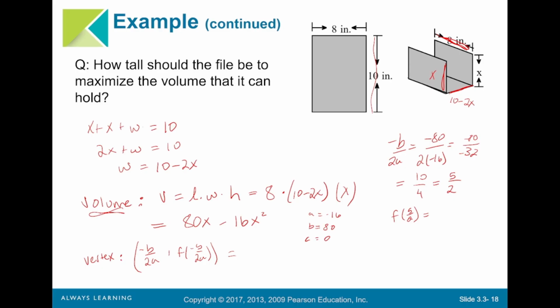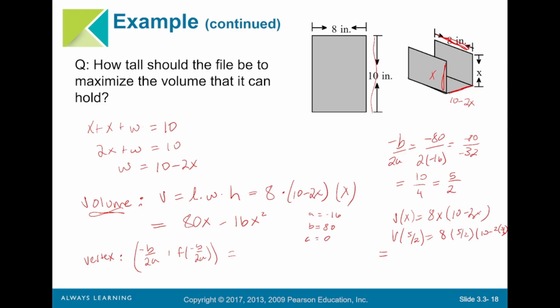We're trying to find the max of volume, so we use the volume function. Let's write that down first. Our v of x is 8x times 10 minus 2x. So our v of 5 over 2 equals 8 times 5 over 2 times 10 minus 2 times 5 over 2. Really shoving it in the corner there.